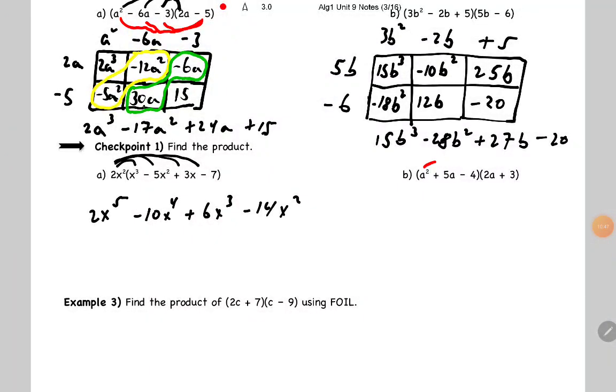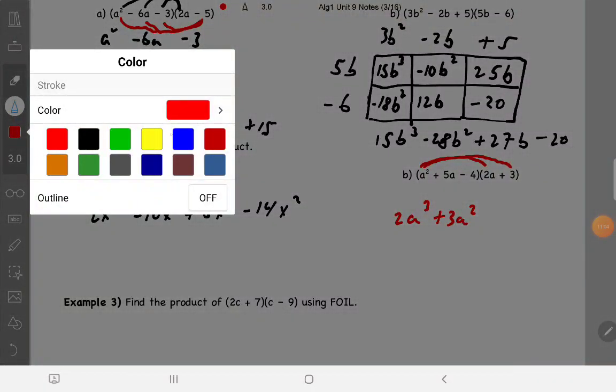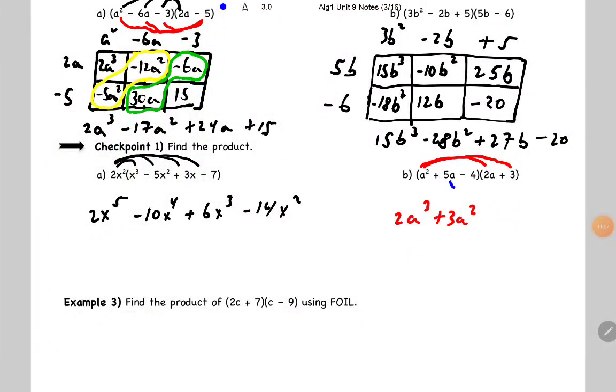So red. A squared times 2a is 2a cubed. A squared times 3 is a positive 3a squared. And then let's look at 5a. 5a times 2a is 10a squared. 5a times 3 is 15a.